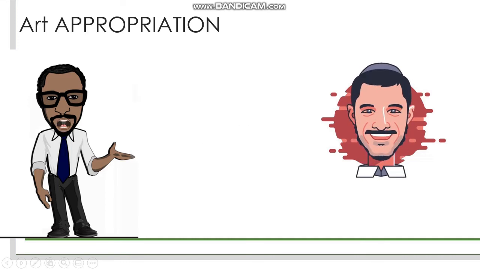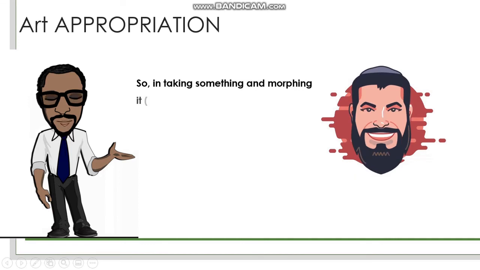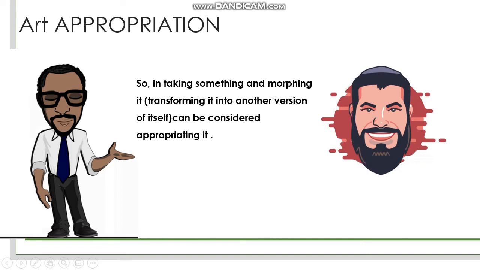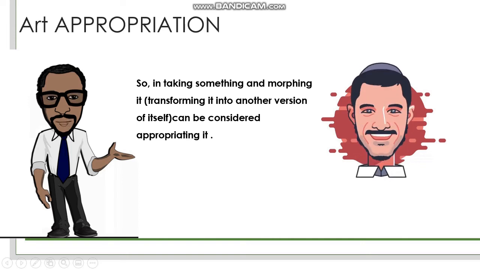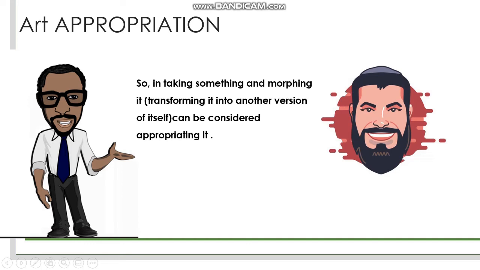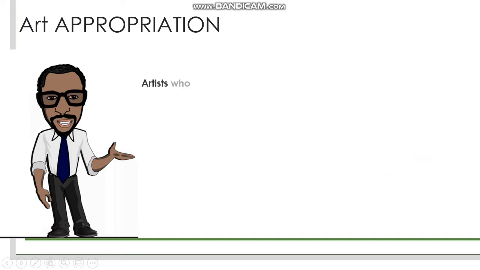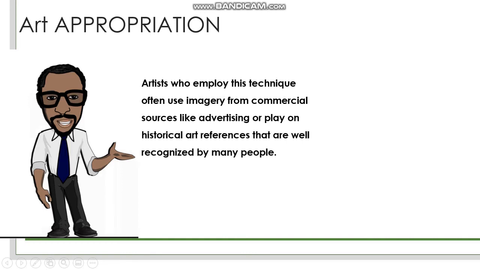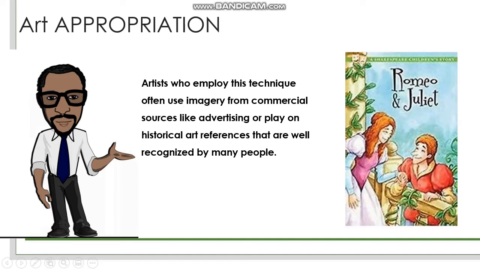So, in taking something and morphing it, transforming it into another version of itself, can be considered appropriating it. Artists who employ this technique often use imagery from commercial sources like advertising or play on historical references that are well recognized by many people.